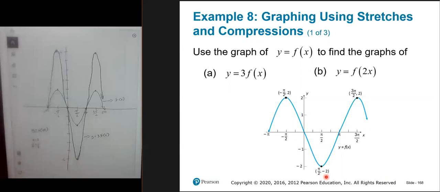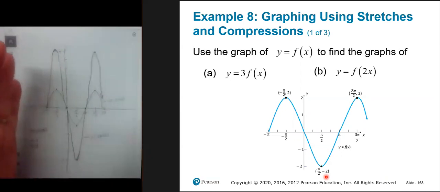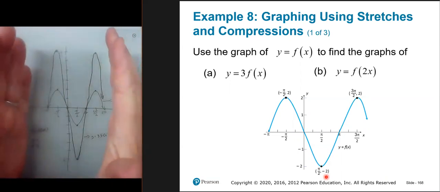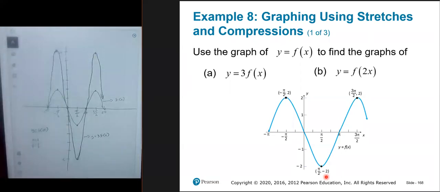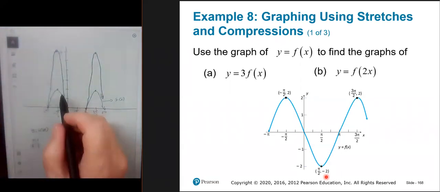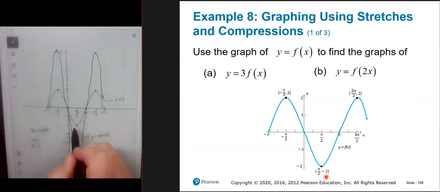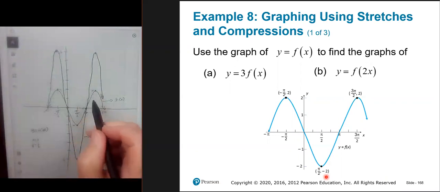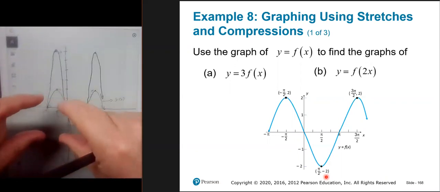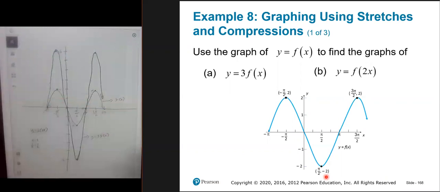So now I'm going to multiply each x value by 1/2. So that's going to be squeezing this one in towards the y-axis. So this one's going to be moved that way. This point's going to be moved that way. This point's going to be moved that way. This point and this point, they're all going to be moving towards the y-axis now.